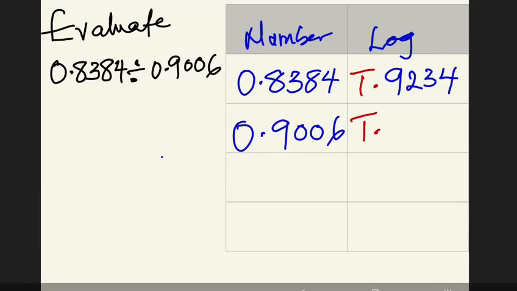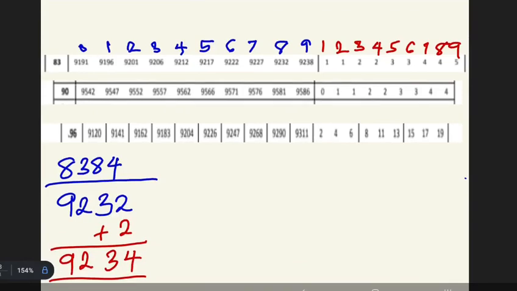The next one is to find the logarithm of 9006. The way we find it is 90 under 0, difference 6. So the 90 under 0 is 9542.